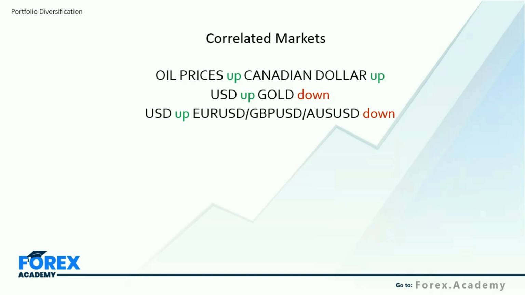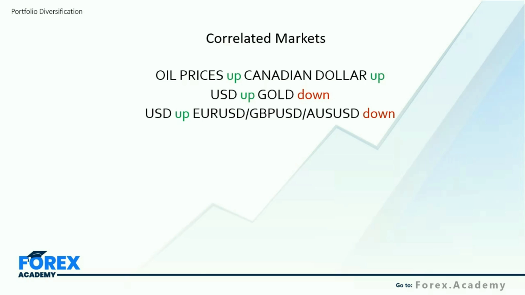The reason is oil is one of Canada's major exports, so the economy is dependent on the price of oil. If the price of oil goes up, the Canadian economy will benefit accordingly, and if the price of oil goes down, it's likely to be impacted adversely as well. And you'll be able to see that in their currency.